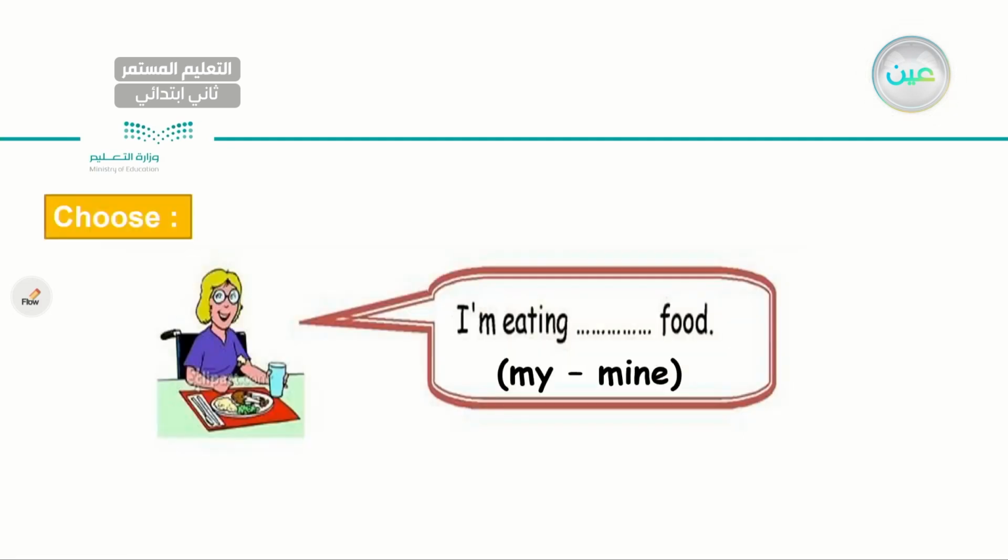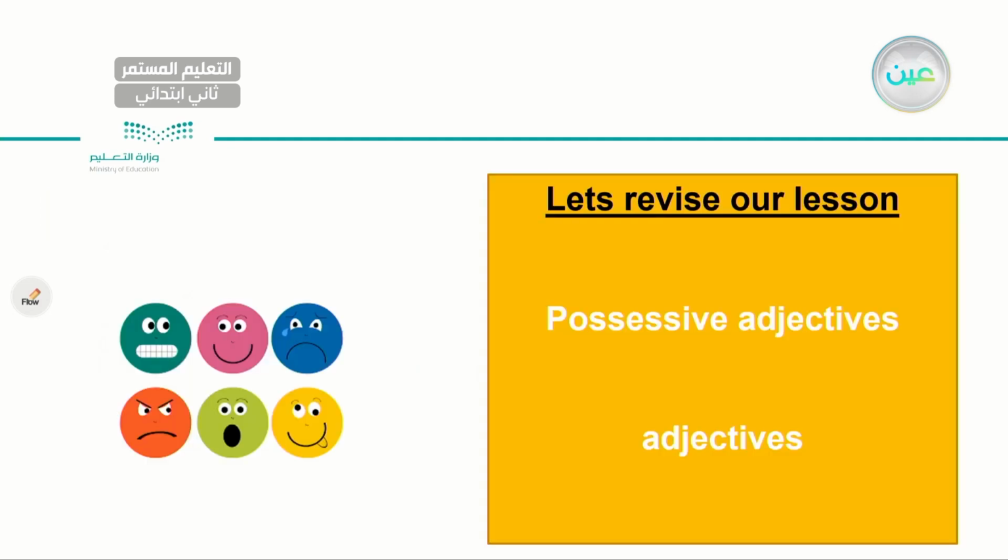Okay? Now, help me out to choose for the sentence. Choose the correct answer. I am eating food. My, mine. What do you think, my dear student? I have a noun here. Food is a noun. I am eating my food. Very good. I am eating my food. Very good. Well done.